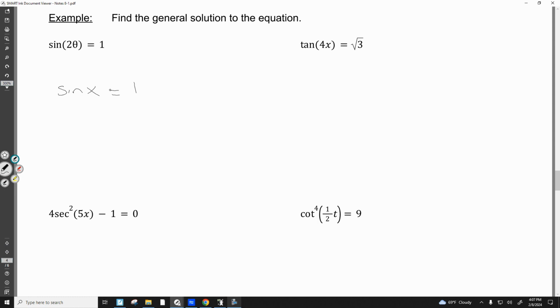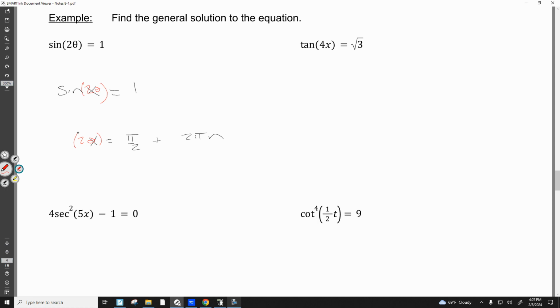Well, when is sine going to equal 1? Sine equals 1 at pi over 2 plus multiples of 2 pi. Right? So that would be the answer to my parent function set equal to 1. But I don't have my parent function. I don't have the sine of x. I have the sine of 2 theta. Well, what happens with that 2?